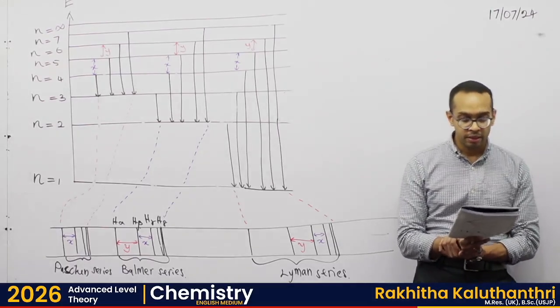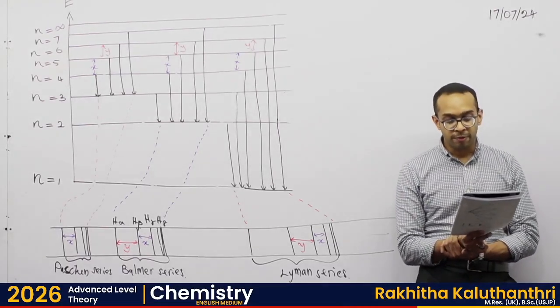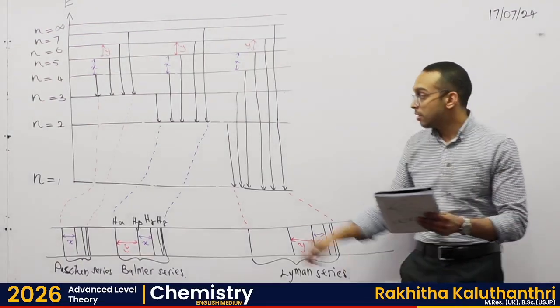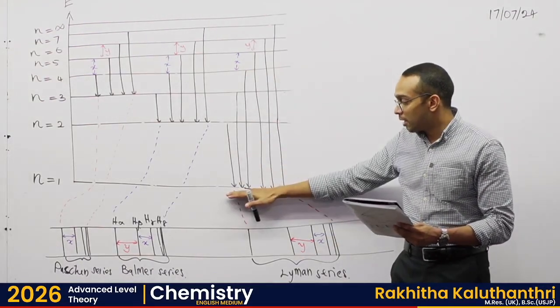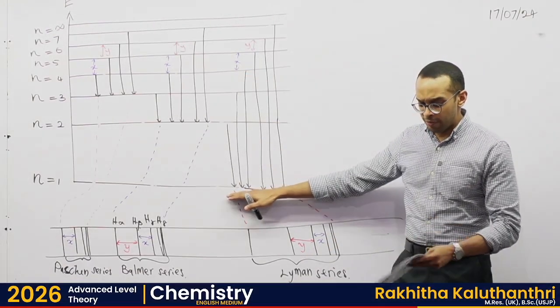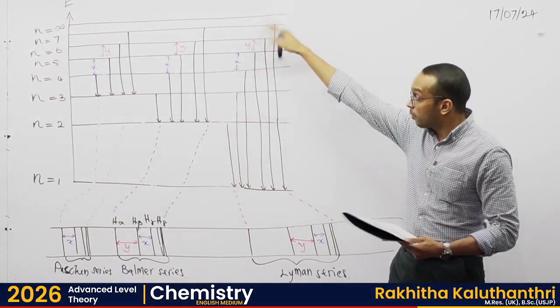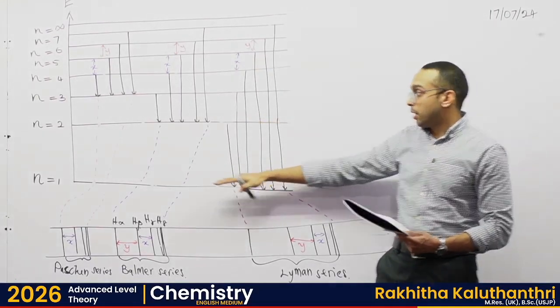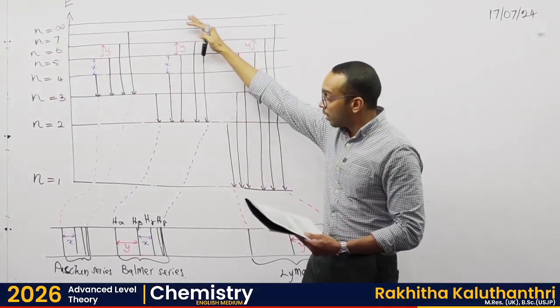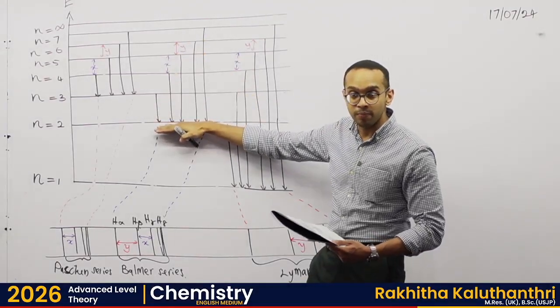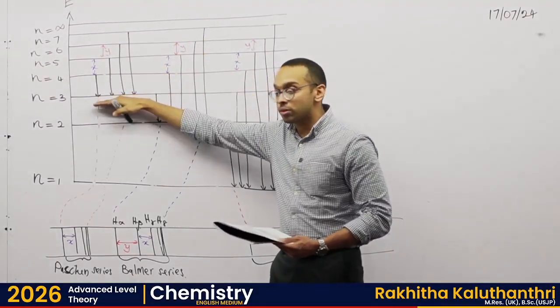And you can also see in the first column they say nf. nf means the final energy level that the electron is falling into when producing this particular series. When it comes to the Lyman series, electrons fall from high energy levels always to the first energy level. When it comes to the Balmer series, electrons fall from high energy levels always to the second energy level. Paschen, from higher to third.